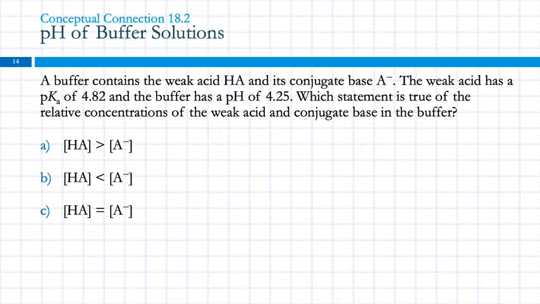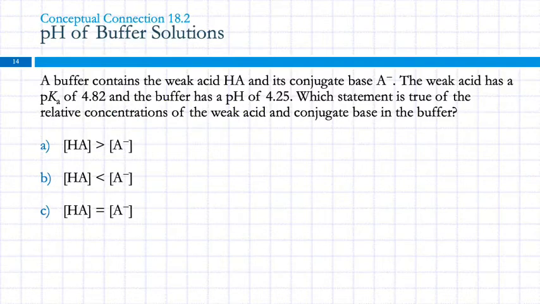A buffer contains the weak acid HA and its conjugate base A minus. The weak acid has a pKa of 4.82 and the buffer has a pH of 4.25. Which statement is true of the relative concentrations of weak acid and conjugate base? Are they equal? No, because if they were equal, the pKa and the pH would be the same, right?